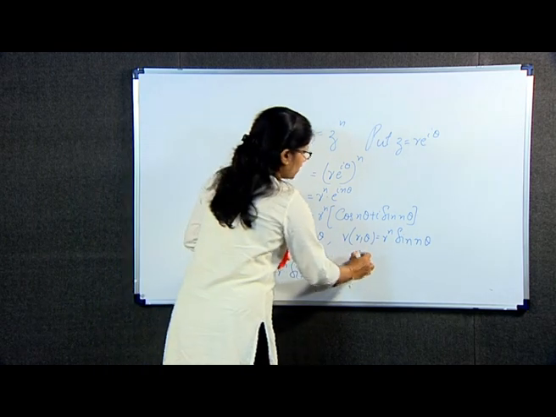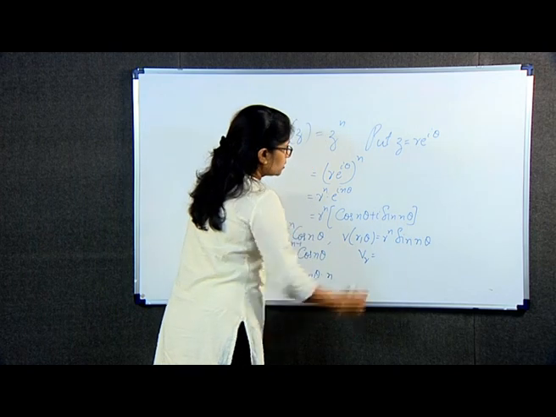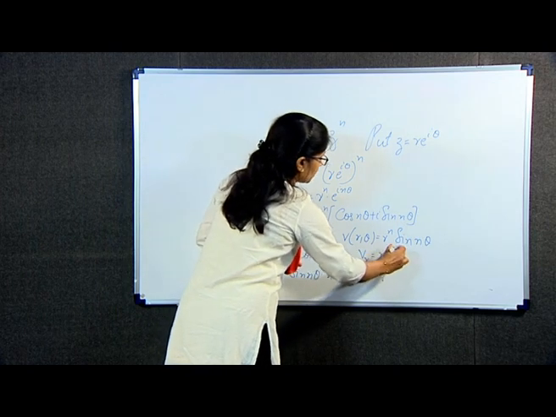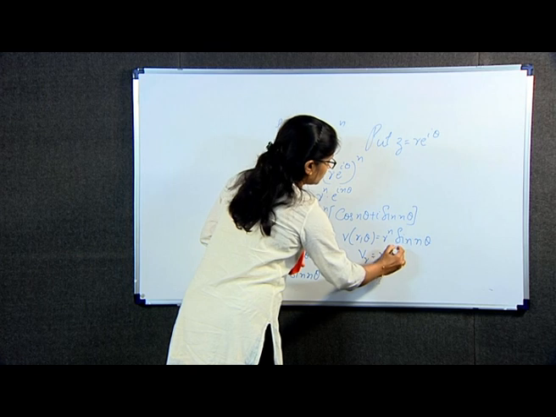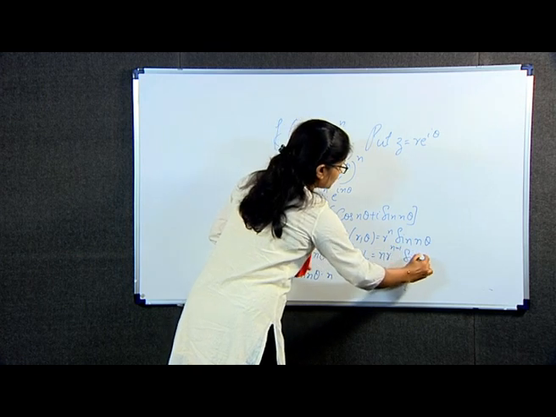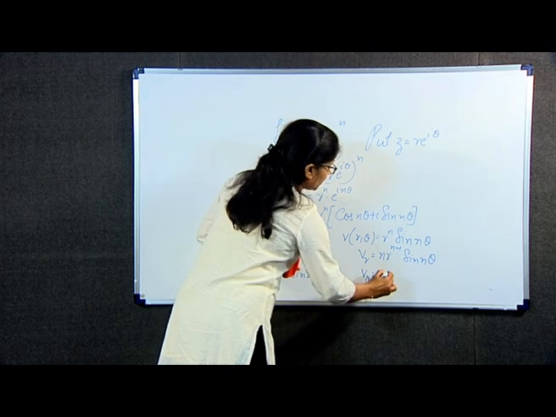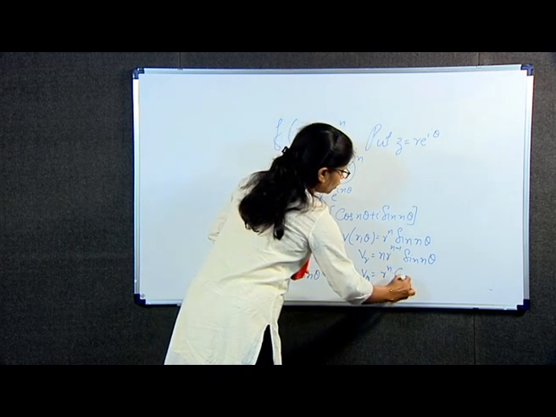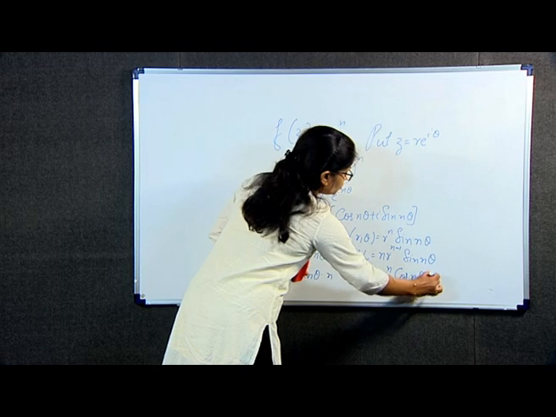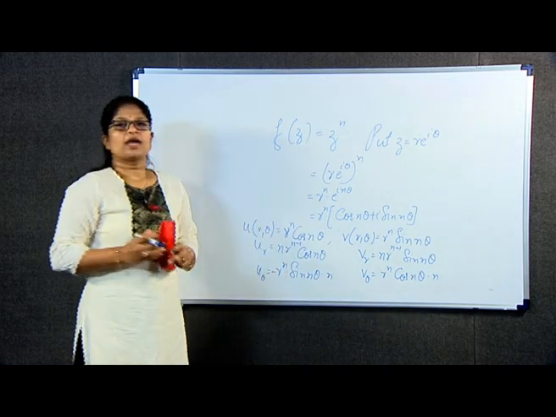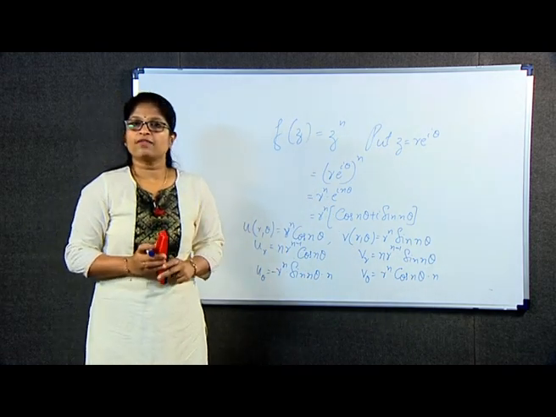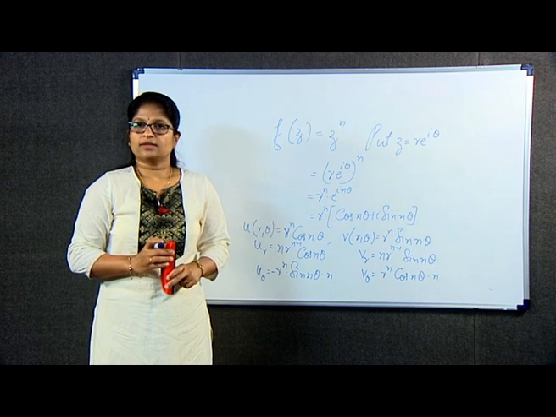In the same way, dou v by dou r is n times r raised to n minus 1 sin n theta, and v_theta is r raised to n cos n theta into n. So, again here you have to verify the CR equations in r theta form.